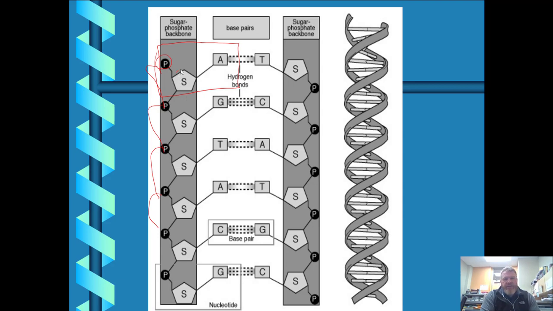The sugar is sitting in the middle. And then you have your nitrogenous base, the A, the T, the G, or the C. So once again, A and T have 2 bonding sites, so that's why they bond together. G and C have 3, and that's why they bond together, all right? So you have 3 parts: phosphate, sugar, nitrogen base, okay? It's almost like I expect you to remember that.